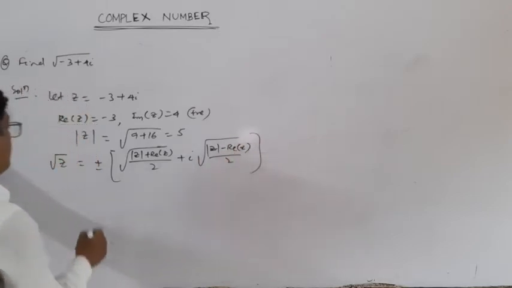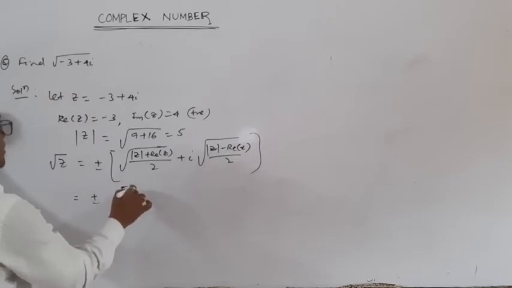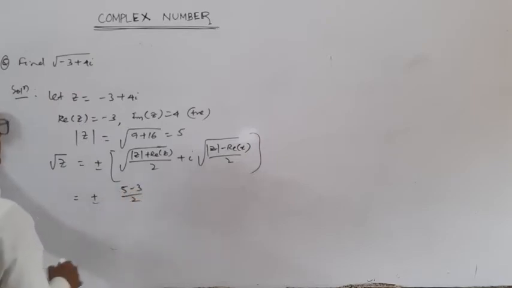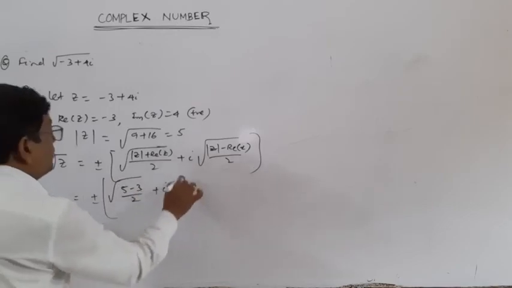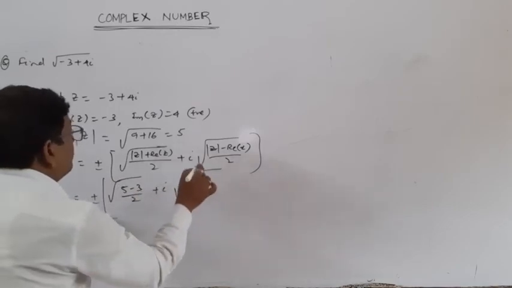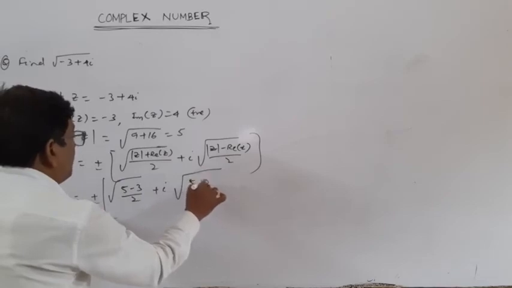So this is what? Plus or minus square root of 5 plus real part of z, minus 3, by 2, plus i into square root of 5 minus of minus 3 by 2.